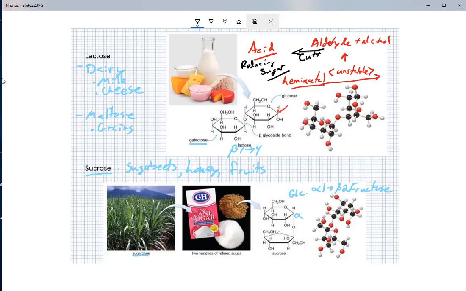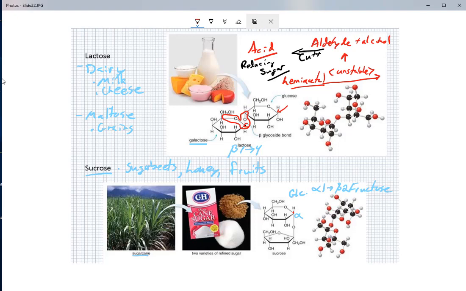They have this hemiacetal. This glycosidic bond here is an acetal: carbon, oxygen, carbon. If we were to go around this guy right there, there's the acetal. Looking down at sucrose, here's carbon number 1.